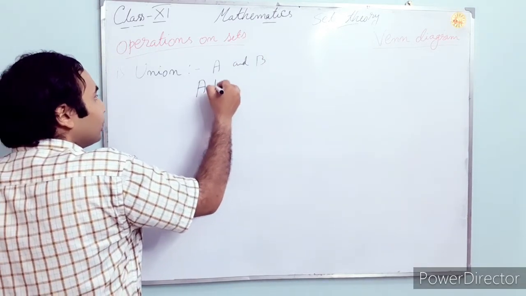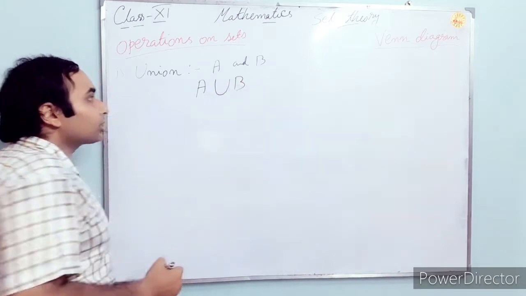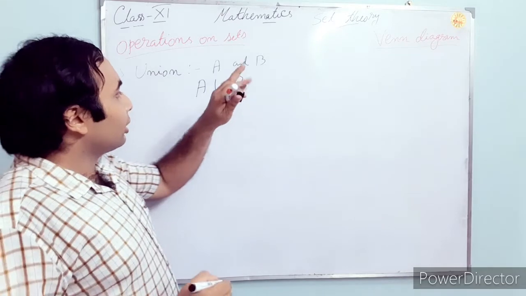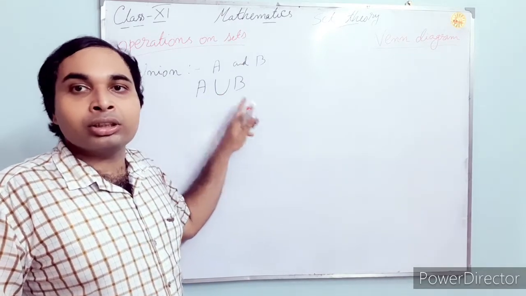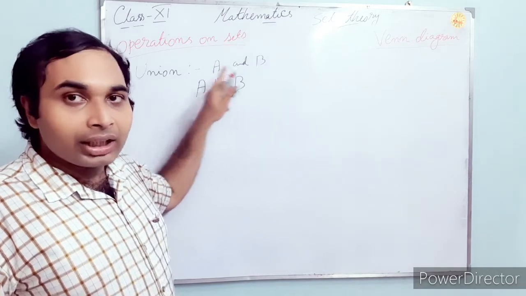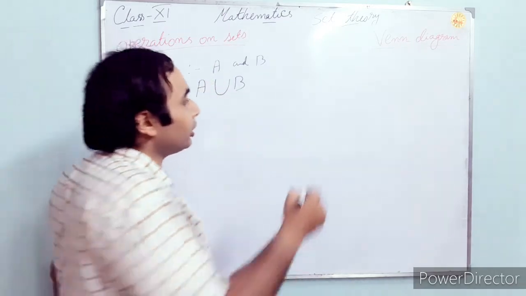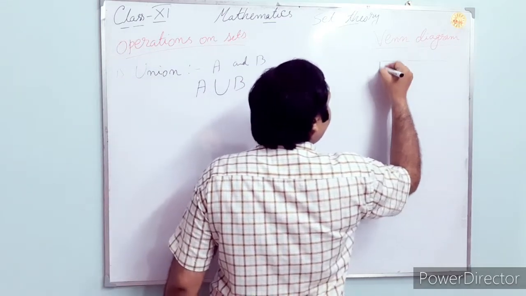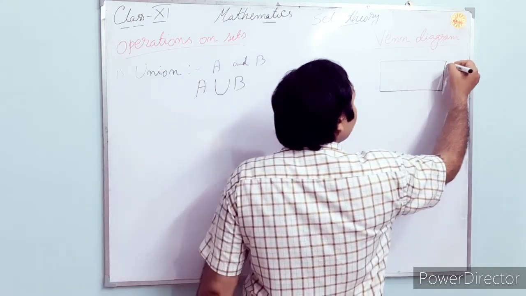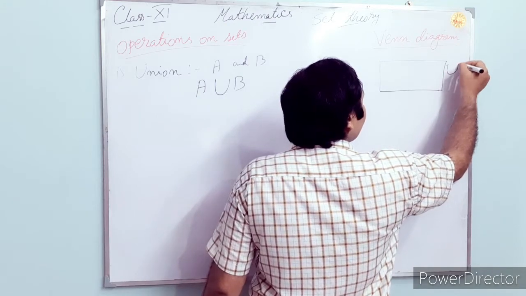Then A union B. This is called A union B. So A union B means the collection of the elements which are in A or in B, either in A or in B. If I draw the Venn diagram here, this rectangle stands for U.